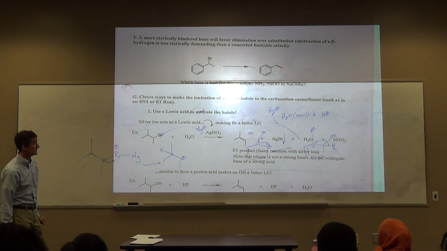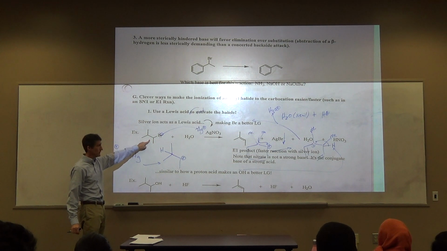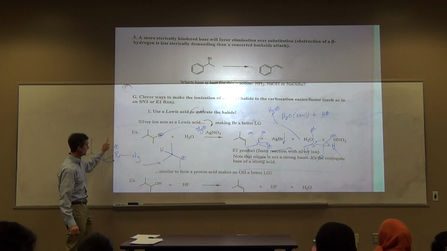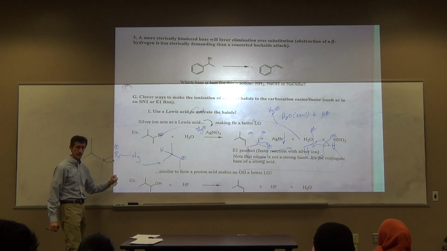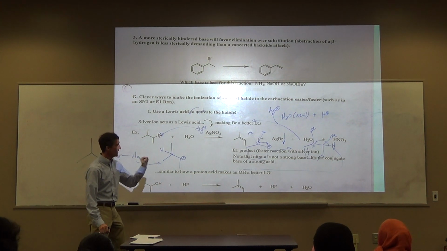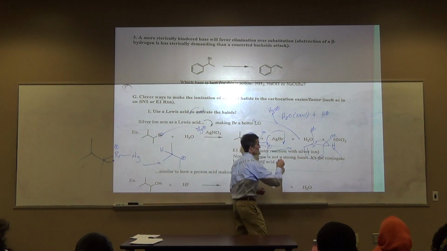And what type of mechanism did we do here? We eliminated, right? E1 or E2? E1. But we increased the rate. This is going to make the bromine more eager to leave. Lewis acid, okay? But this can also be used as a chemical test because you can see this precipitate.